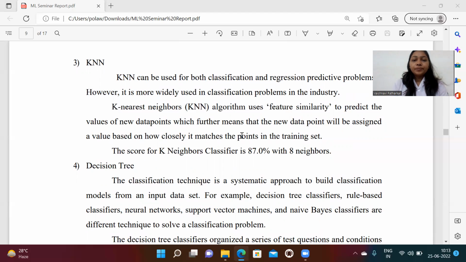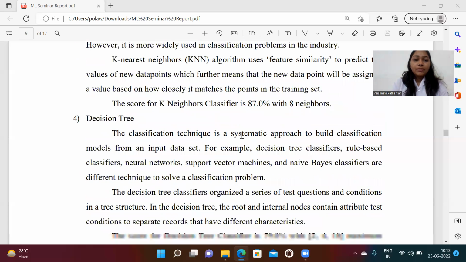In the regression problem, it calculates the mean value. In this case, the score of the classifier is 87% with 8 neighbors. This algorithm uses some techniques for distance calculation: Manhattan distance, Euclidean distance, and Minkowski distance.